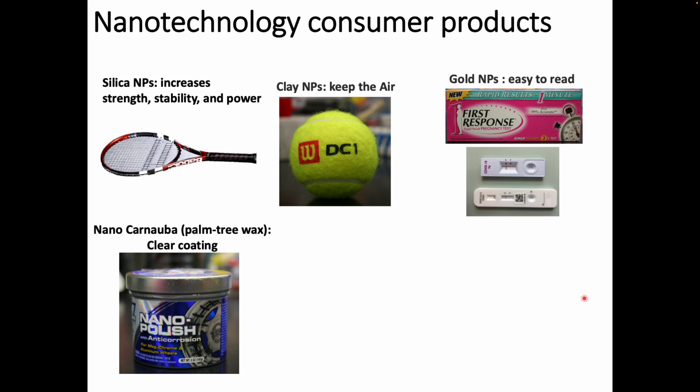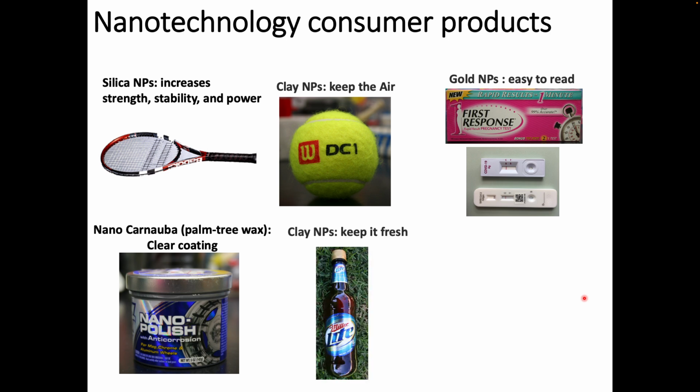So, and then this is another example of clay nanoparticles. Okay, so now it's hard to see plastic beer bottles because of environmental issues. But I don't know if you guys remember, there was a period where lots of beer bottles made of plastic were introduced.